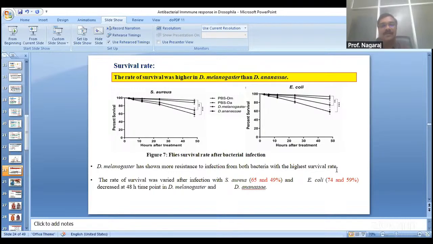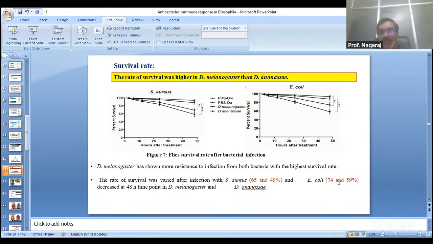Whereas the survival rate varied after infection with S. aureus and E. coli. You can see that even though both show survival, the rates differ. For S. aureus, 65% by melanogaster and 49% by ananassae.